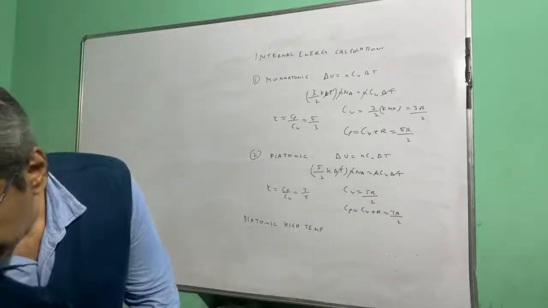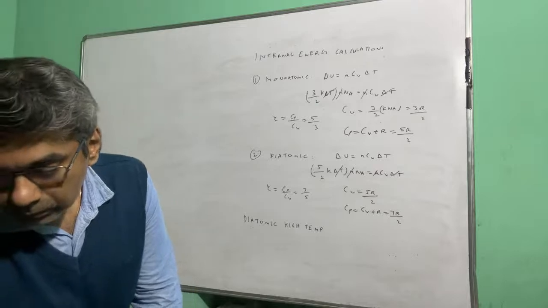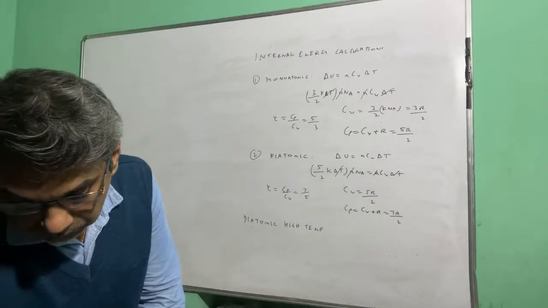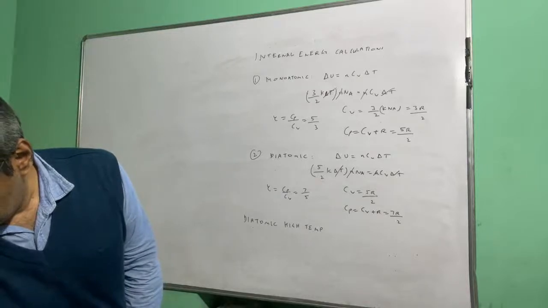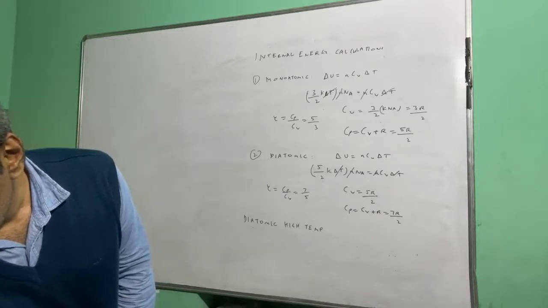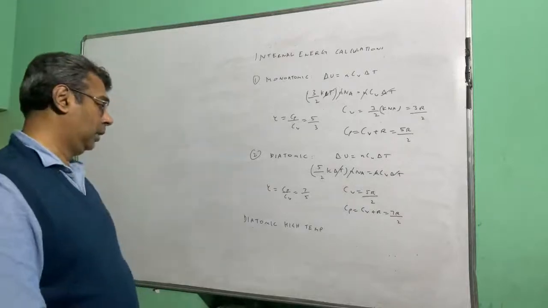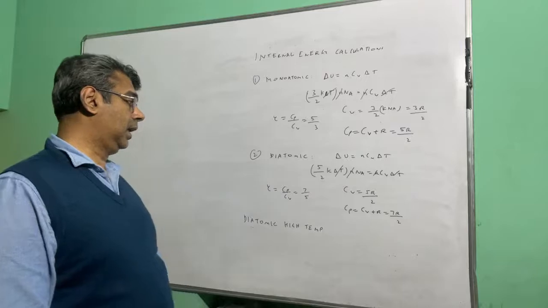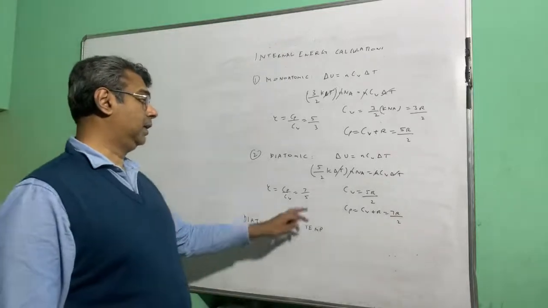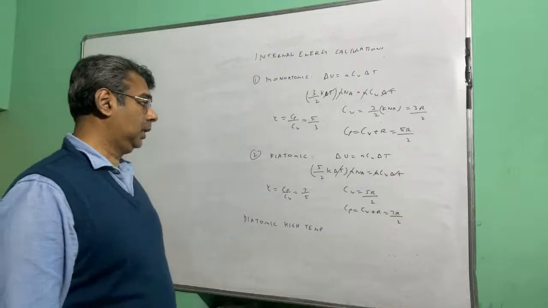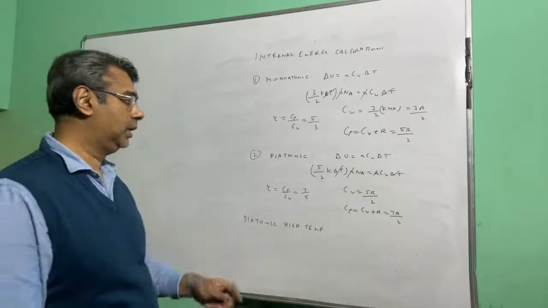Now suppose a diatomic gas is at high temperature, then over here, 5 by 2, like 5 degrees of freedom, and then what you have to do is for vibrational you have to consider 2 degrees of freedom.